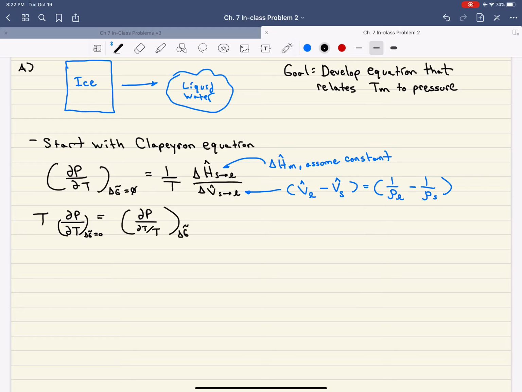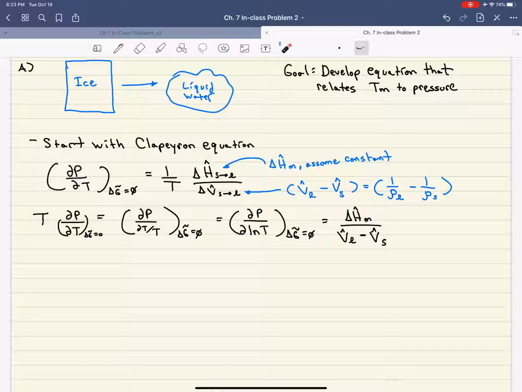And mathematically, this dT over T, by definition, is also the derivative of the natural log of temperature. Okay? And so we have that is equal to delta H m divided by the molar volume of the liquid minus the molar volume of the solid. Okay? So now that we have this relationship, all we have to do is move the temperature terms to the right-hand side.